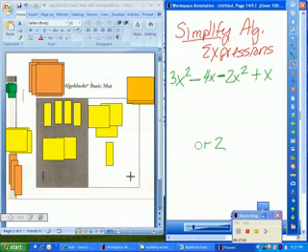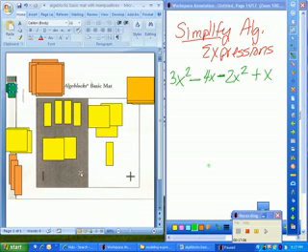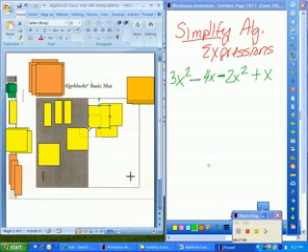Well, it works exactly the same way with positive and negative variables, too. So I've got a positive x over here. I'm going to put it together with this negative x right here. So, poof, they disappear. They cancel each other out. Now I've got a positive x squared.